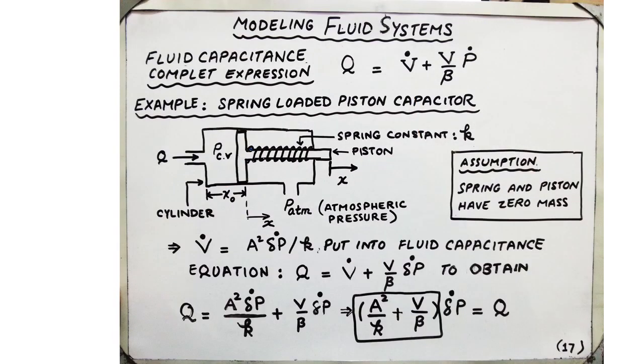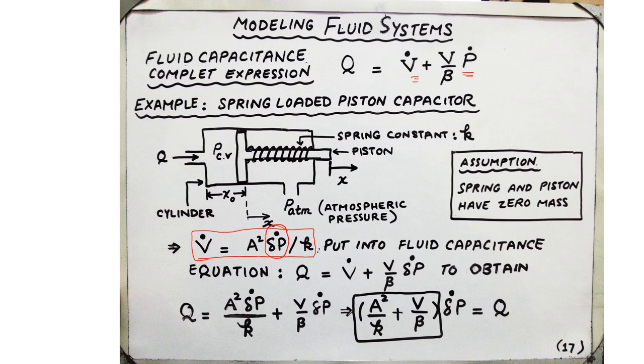This gives us an expression V dot equals A squared delta P dot divided by K. And this term contains delta P dot. So our objective was to eliminate the x dot and introduce the P dot term, so that we already have a P dot term over here and we want a P dot term over here as well. Those delta P dot terms can then be separated out as a common factor. That is the main objective.